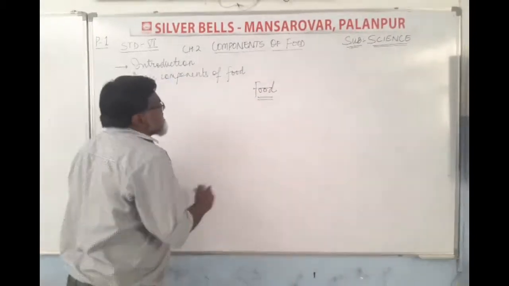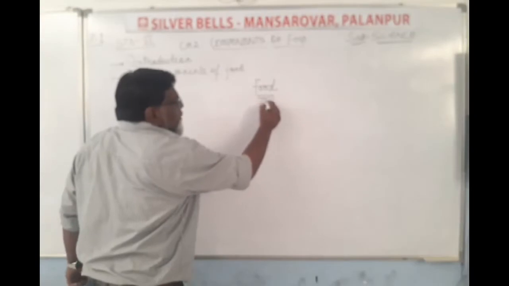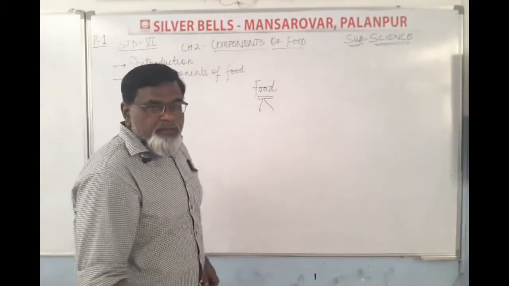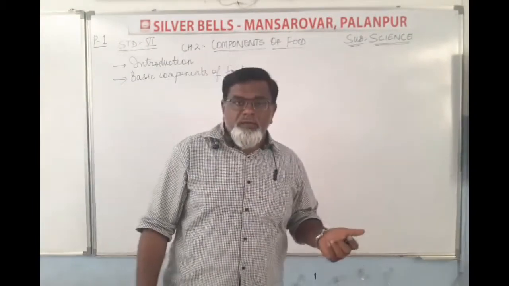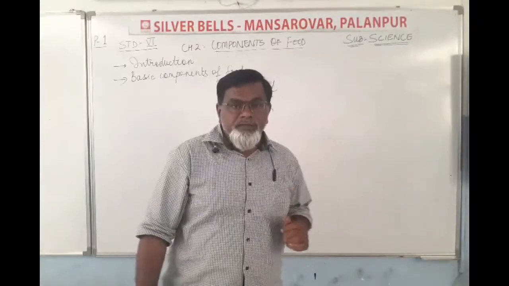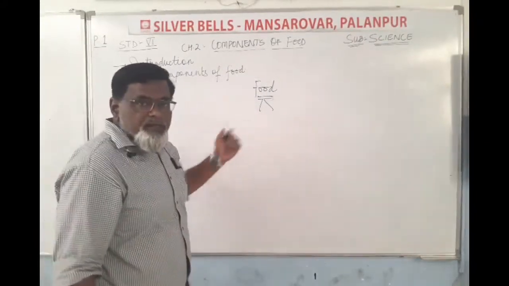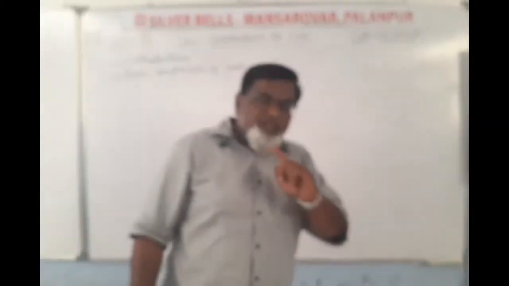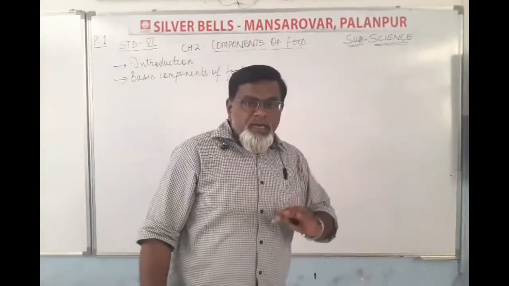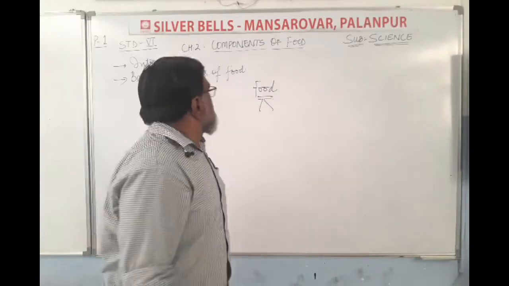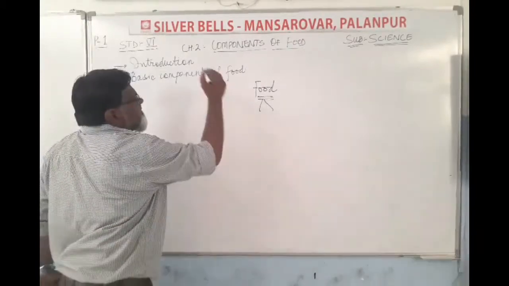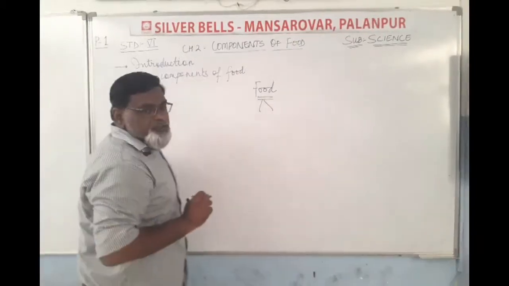Now, in this chapter, food which is prepared, जो भी खाना तैयार होता है, they need some ingredients. And each and every food item which we prepare has different ingredients. They need different ingredients. So, in this chapter we are going to learn the components of food.